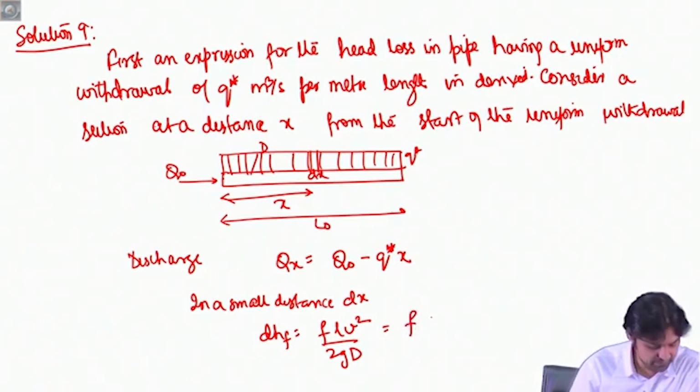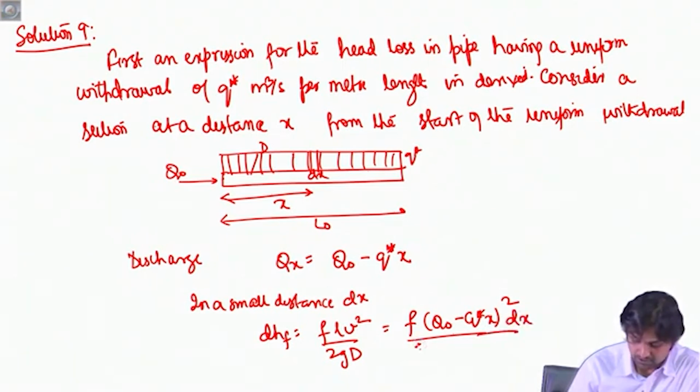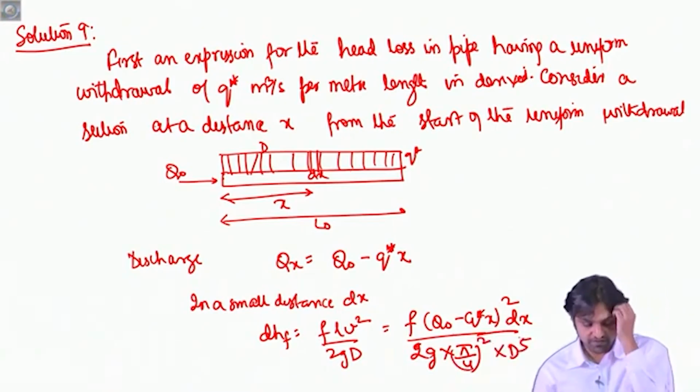So, we can write f into (Q naught minus Q star x) whole square over 2g into (pi by 4) whole square into d to the power 5.